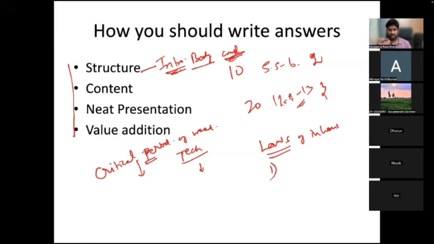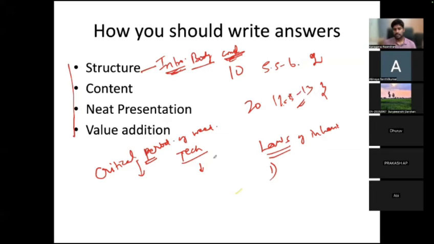After writing the definition, the examples, the factors affecting, everything, finally we conclude the question. We can say that understanding the critical period of wheat competition is very important for better management of weeds. So we can conclude like this. A very simple conclusion, just a 2-3 line conclusion.